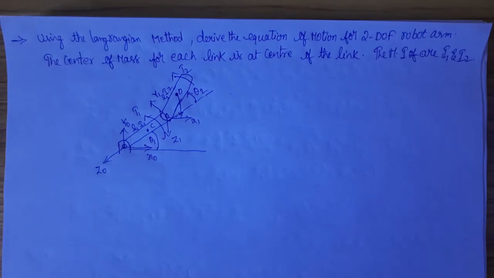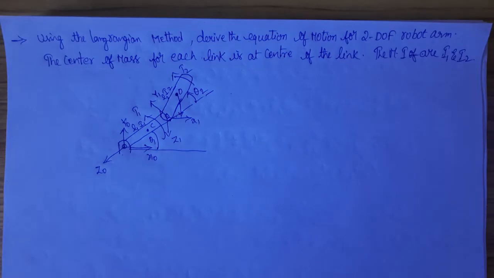So the mass is distributed in the two links, requiring the use of moment of inertia in the calculation of kinetic energy. In the previous problems we didn't use the concept of inertia, but here, as the links have distributed masses, we have to use it.